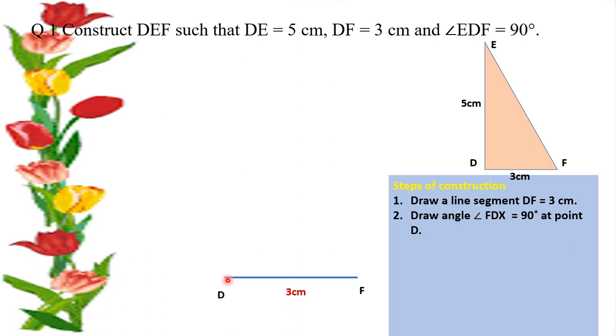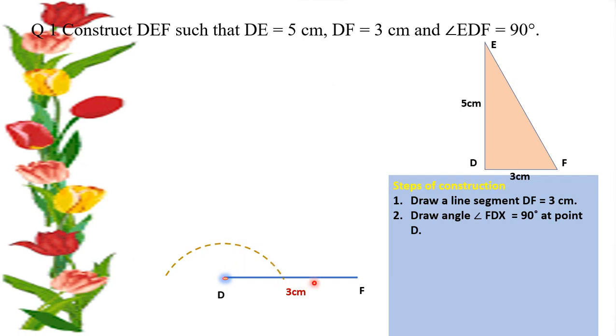That means we have to open the compass to any convenient radius, place the pointer at this point D, and draw a semicircle like this.